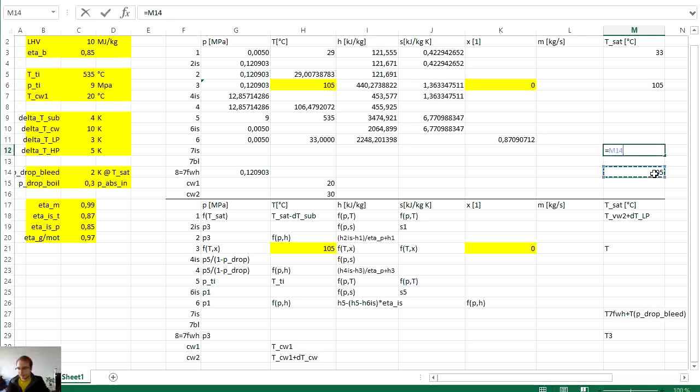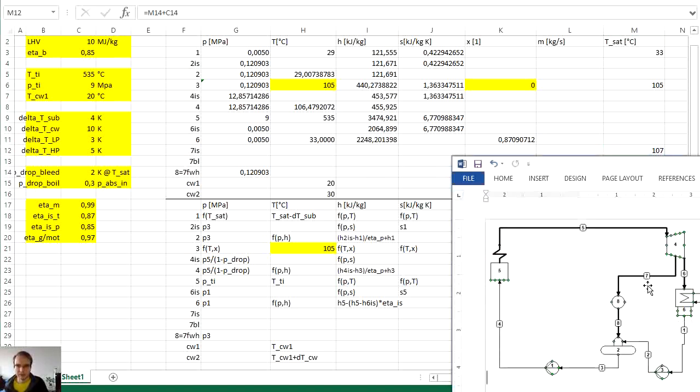So here 105 plus 2 degrees C. So at point 7 we know the saturated temperature.